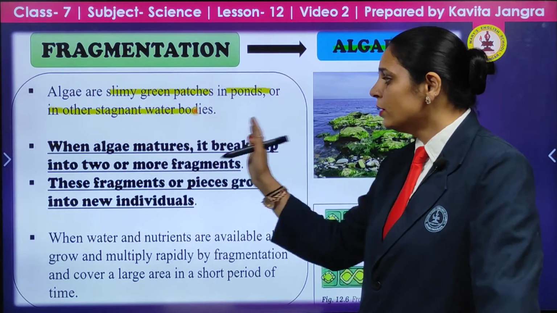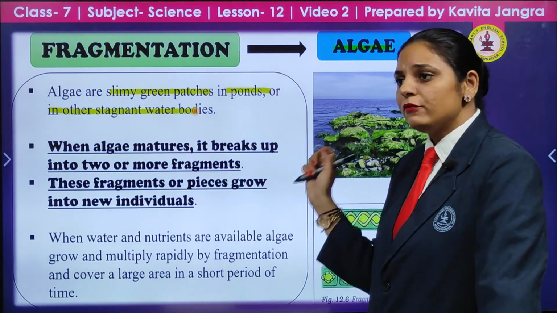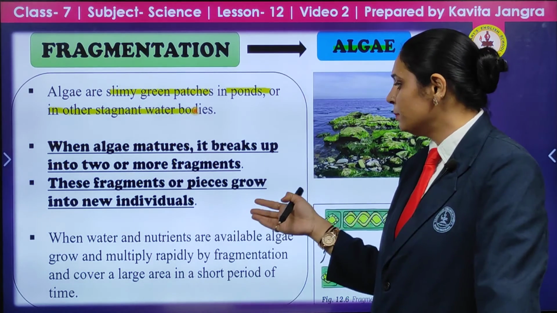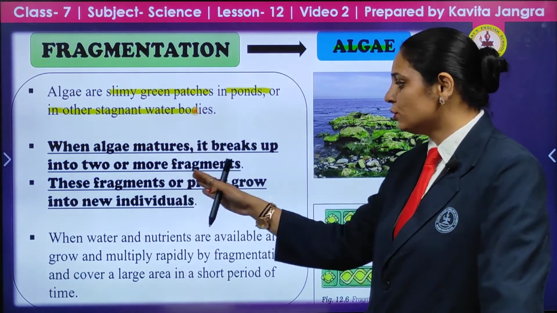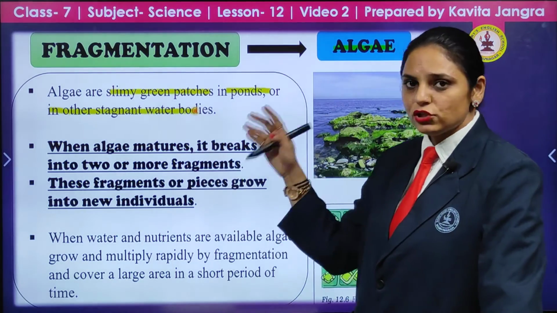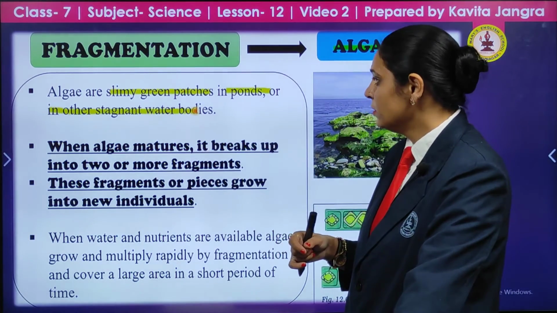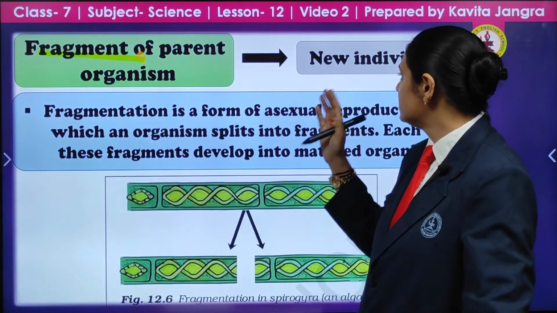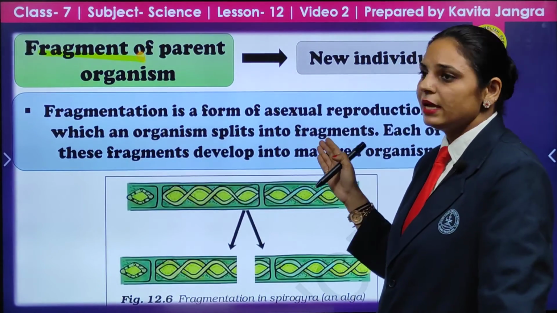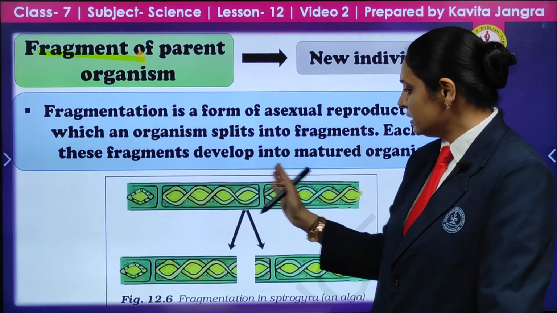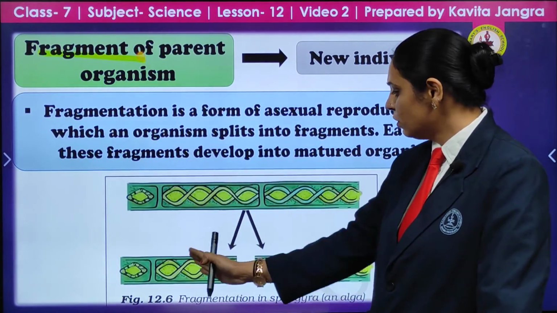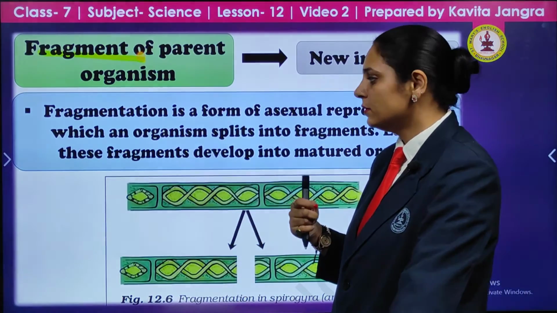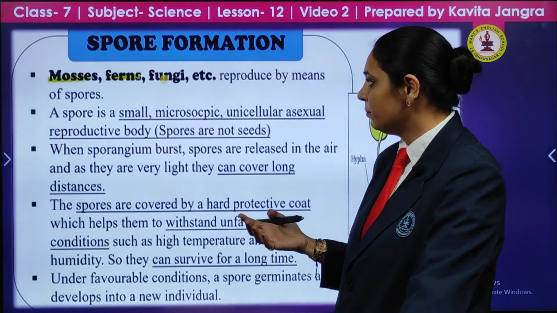Now, this will mature, it will break into two or more, and from these fragments it gives rise to new individuals. So, through fragmentation also we can give rise to a new plant. Fragmentation of the parent organism into new organisms is again an asexual mode of reproduction. In this fragmentation it will break into two, and again further divide, and a number of chains will develop.